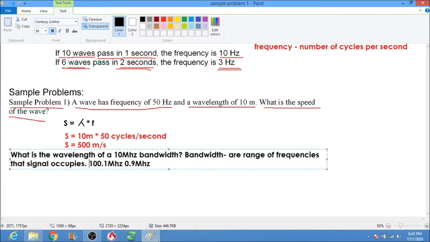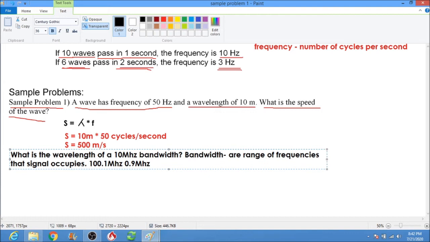The 100.1 megahertz is the center frequency, the frequency in which this channel operates. The bandwidth is 0.9 megahertz, meaning we have an upper frequency and a lower frequency.